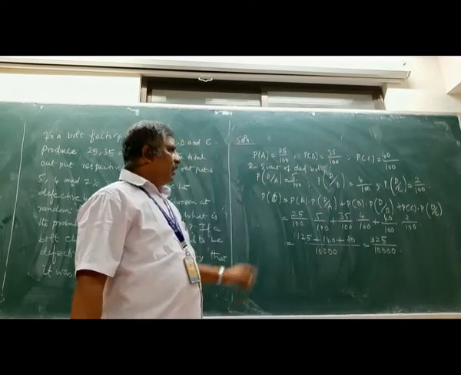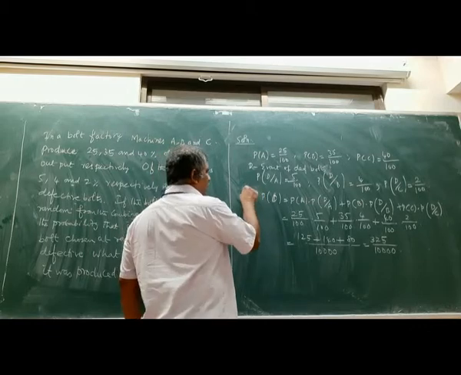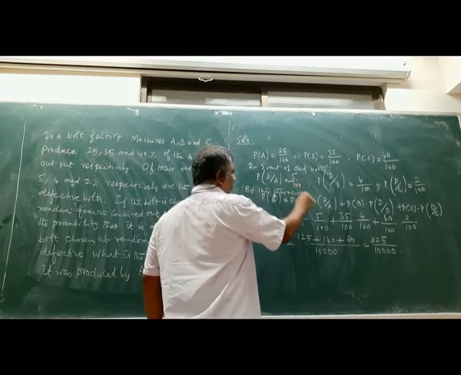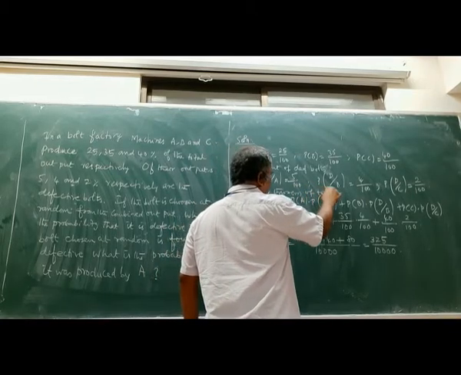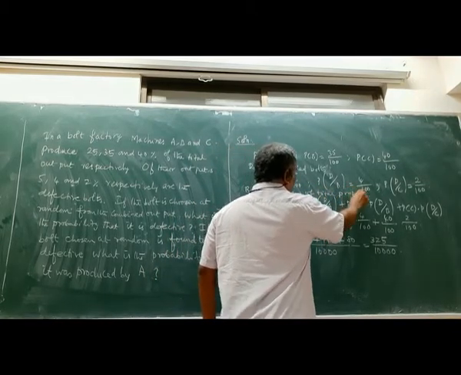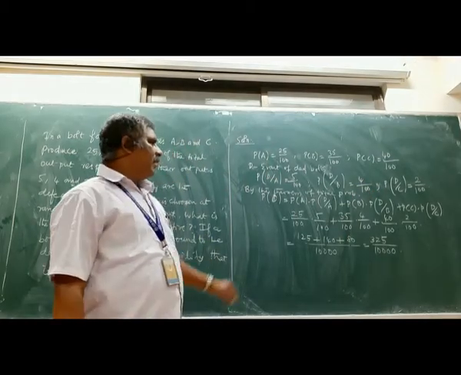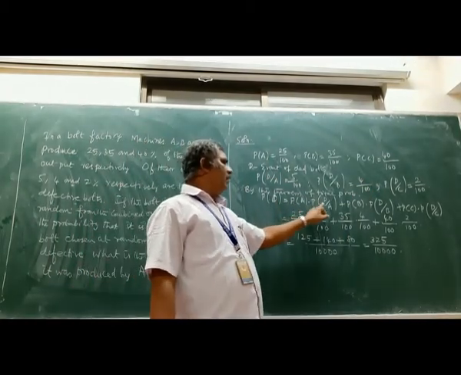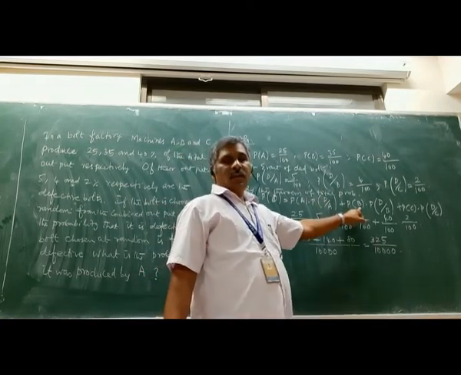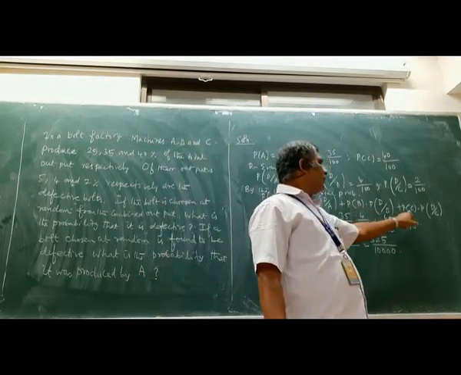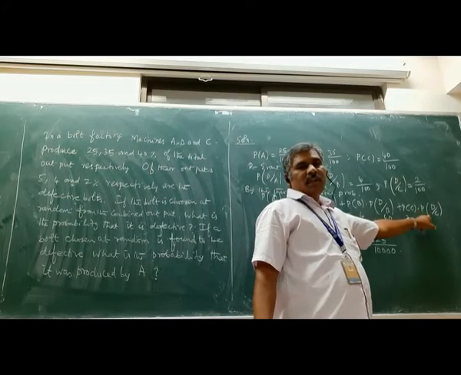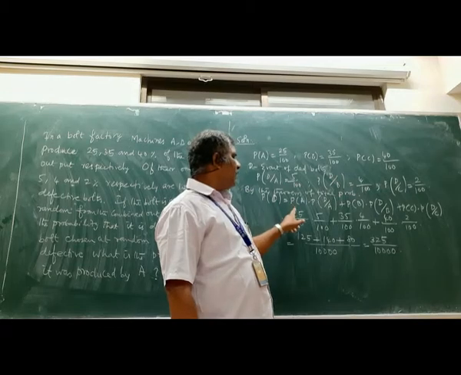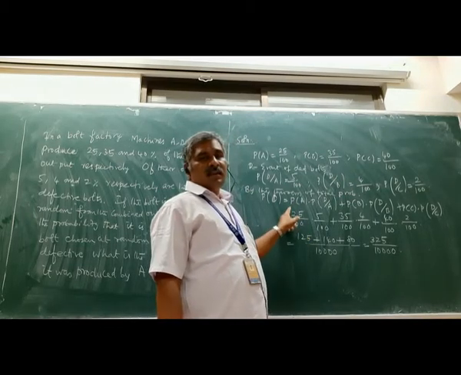Here, by the theorem of total probability, the formula is probability of D equal to probability of A into probability of D by A, plus probability of B into probability of D by B, plus probability of C into probability of D by C. Now substitute all the values in this formula.